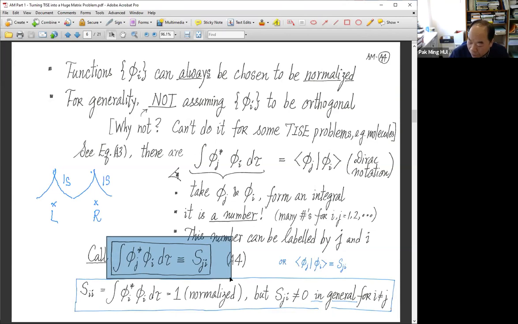So I will have a phi of the left-hand side atom 1s, and then a phi of the right-hand side atom 1s.